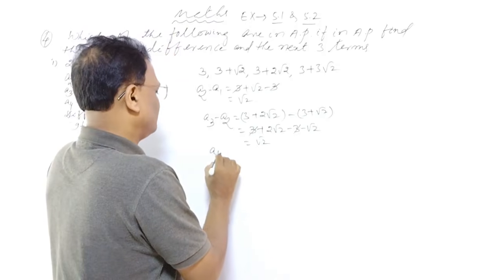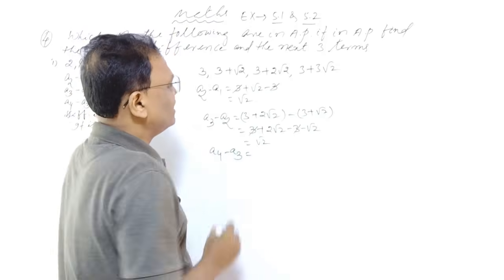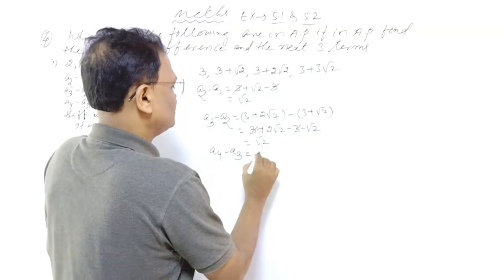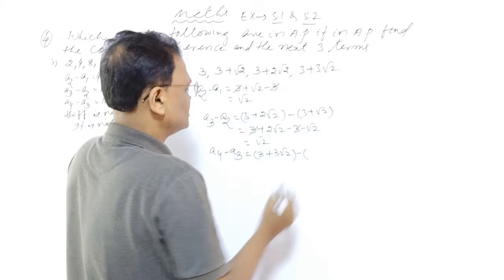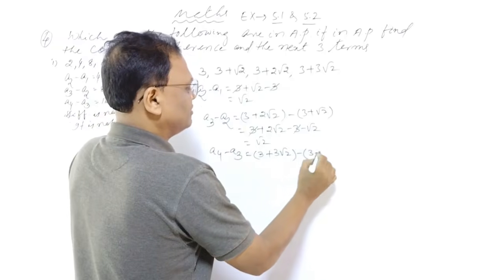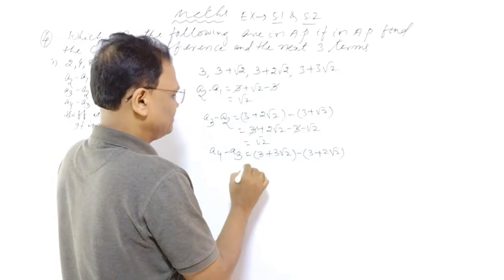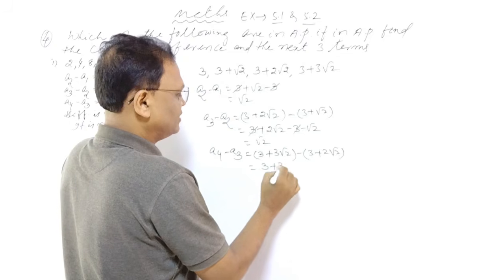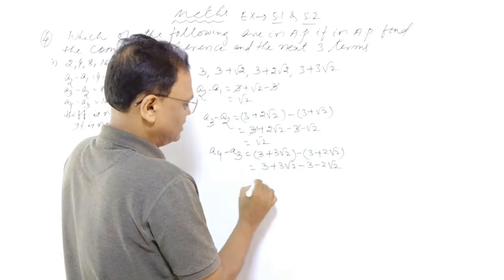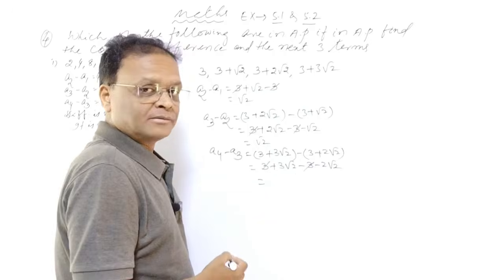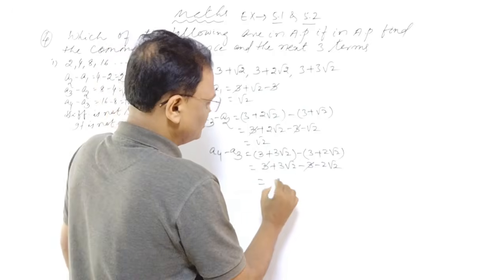Now a4 minus a3. What is a4? a4 is 3 plus 3 root 2 minus 3 plus 2 root 2. Again remove the bracket: 3 plus 3 root 2 minus 3 minus 2 root 2. The plus 3 minus 3 again cancelled. 3 root 2 minus 2 root 2 is only root 2.